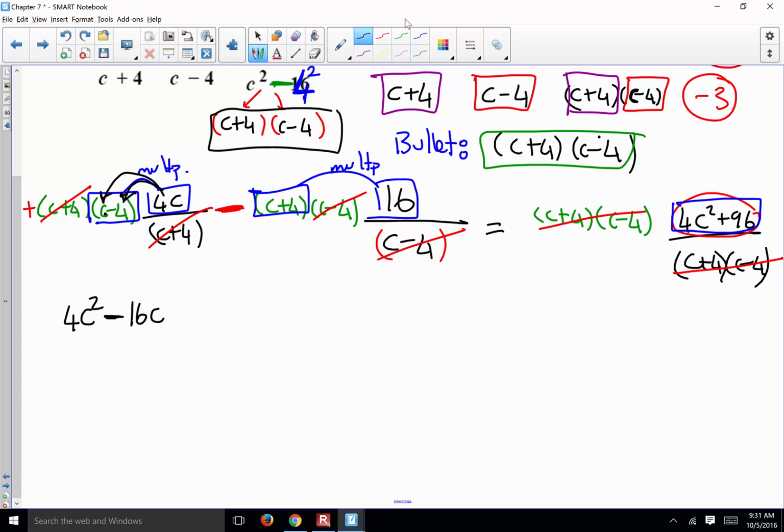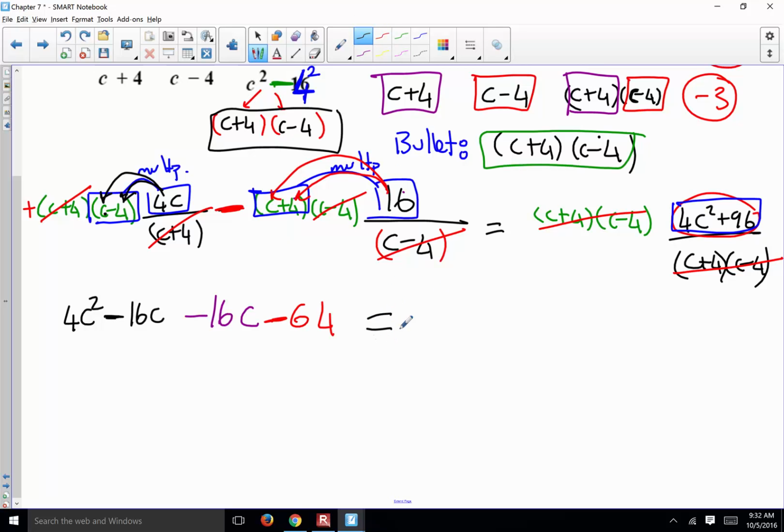Let's keep going. 16 times c with a negative is negative 16c. 16 times 4, again distribution. Negative 64. Wait a minute, where did the negative come from? 4 times 16 is positive. Positive 4 and 16. This negative flips it to negative, okay?